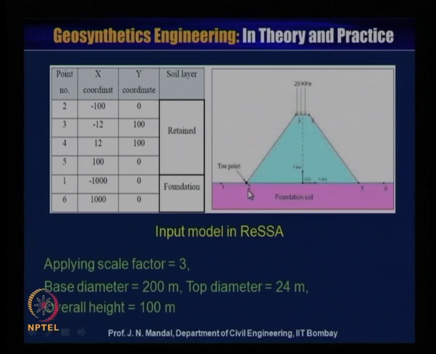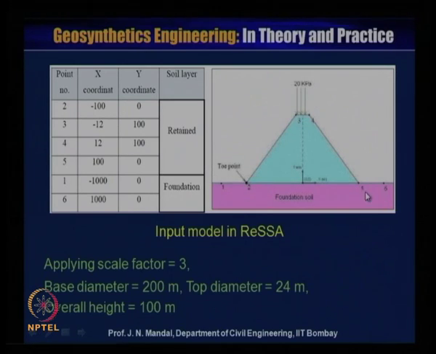You can see this is point number 2, this is the x coordinate, this is the y coordinate, and this soil layer is the retained soil, and this soil layer is the foundation. That means this is point 2, and you are applying the scale factor 3. The x coordinate is minus 100, because the base diameter is 200.